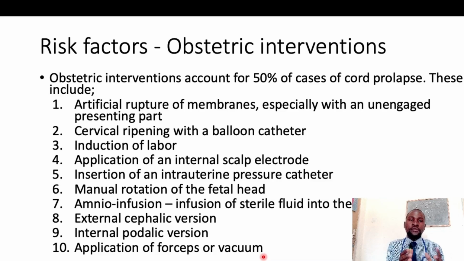There are things that cause the presenting part not to adequately fill the pelvis, or the presenting part was adequately filling the pelvis, and then some obstetric interventions are performed that dislodge this presenting part. All these factors can lead to cord prolapse.